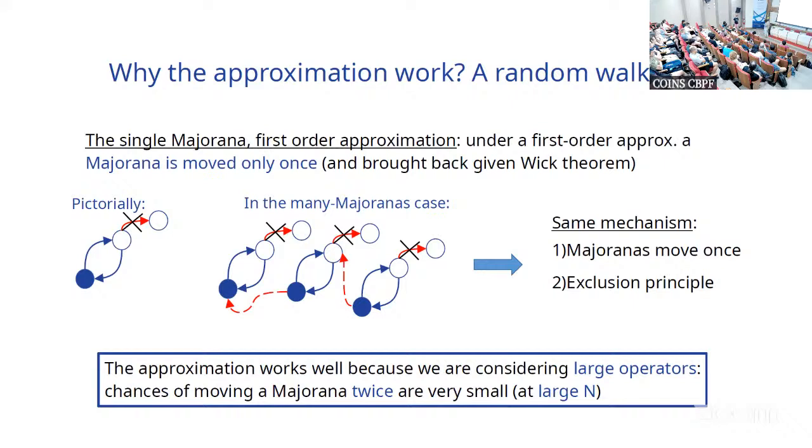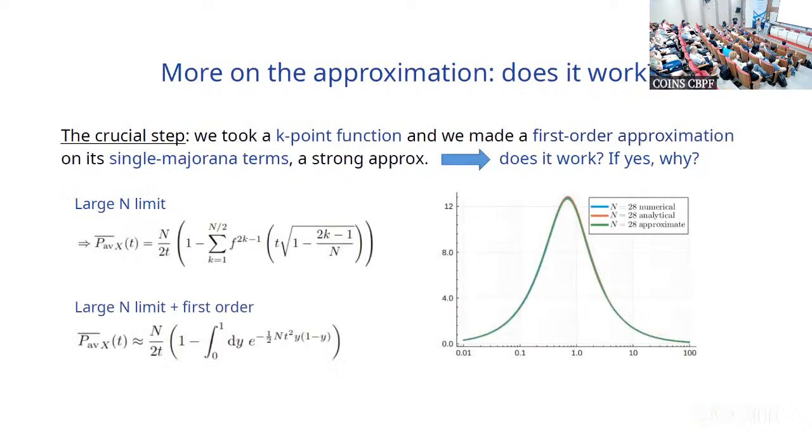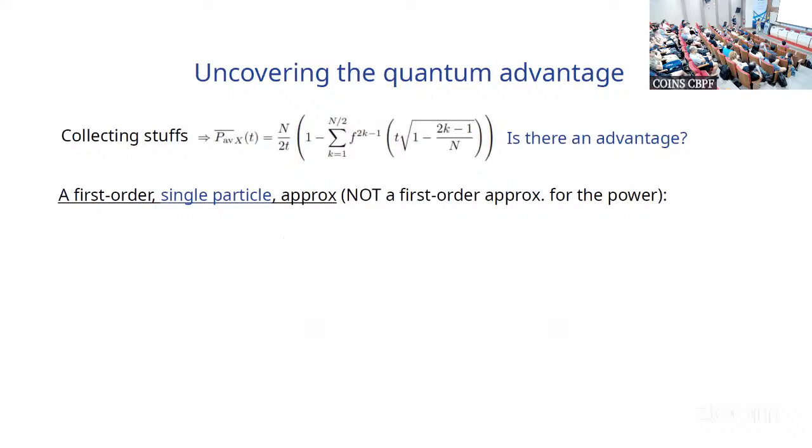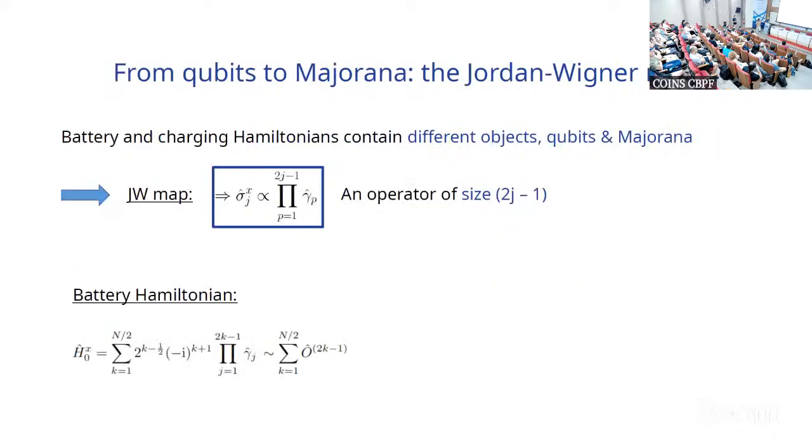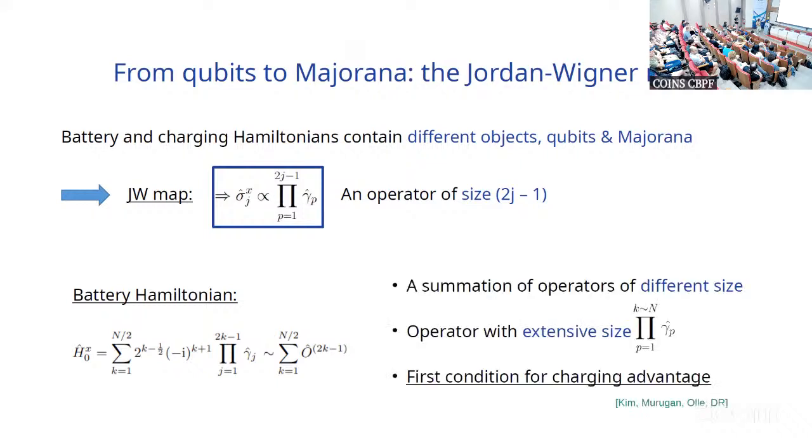Okay, I'm not sure I got fully the question, but you may ask, can I take other Jordan-Wigners, other equivalent mappings, in which I don't have anymore this extensive scaling? The answer is yes, and the quantum advantage is gone.